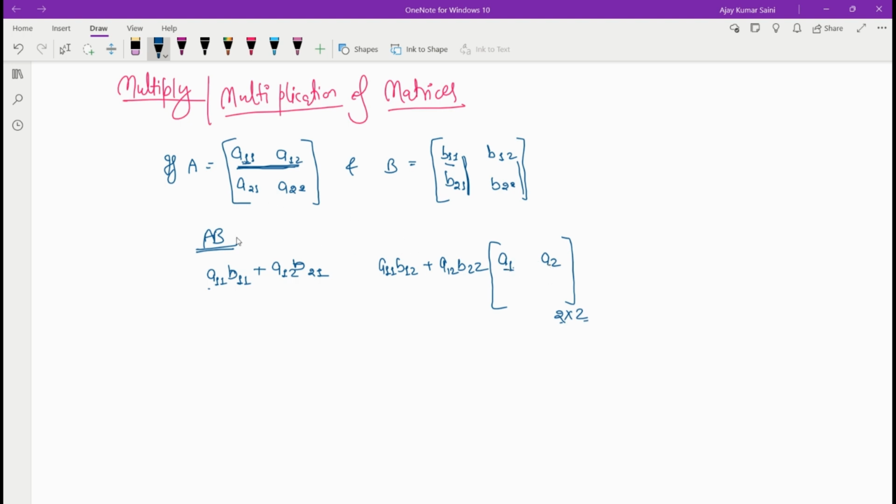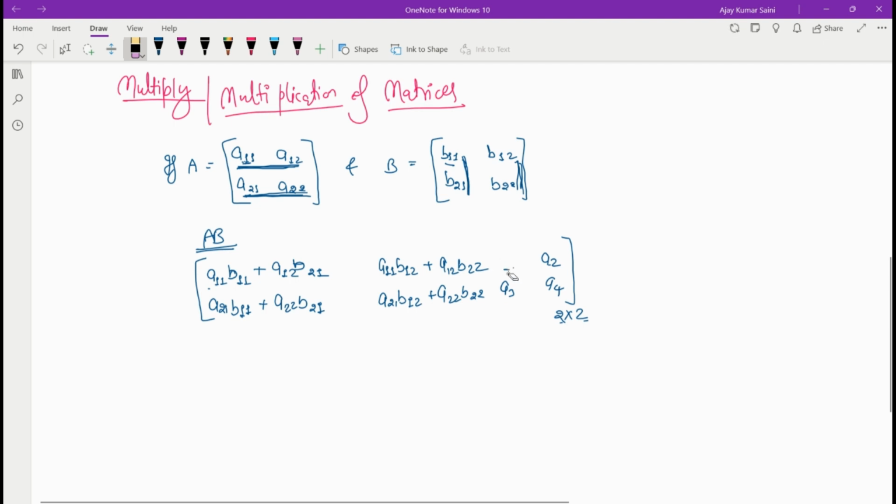Same thing for the others. For the third element, this row with this column: a21 into b11 plus a22 into b21. For the fourth, this row and this column: a21 b12 plus a22 b22.